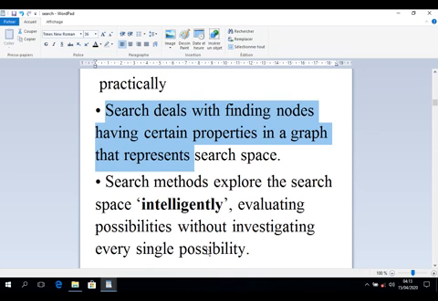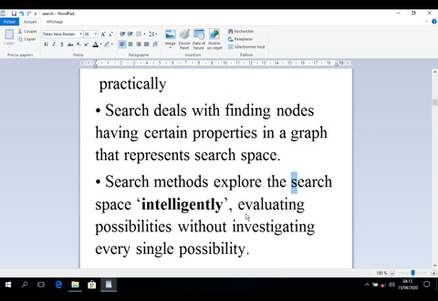Is it okay? So what do we do? We explore the search space. We use a specific method called the control strategy. Is it okay? Fine. So we evaluate all the possibilities.